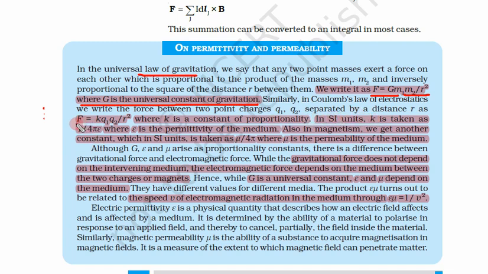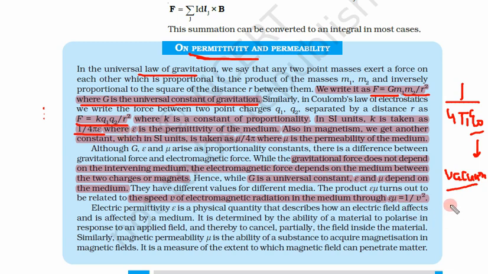This is F = K q1 q2 / r², where K is also a constant of proportionality. We saw that K is 1/(4π ε₀). This ε₀ applies only when we are in vacuum, and it is called the permittivity of the vacuum.